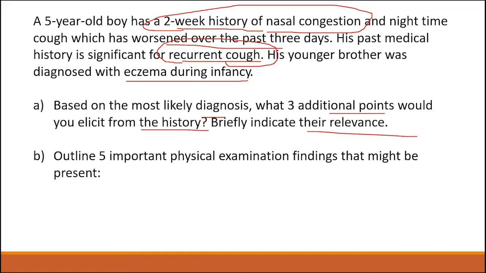So all of these things are part, and the use of accessory muscles for respiration. The person becomes lethargic and irritable. These are all physical findings you are going to see.